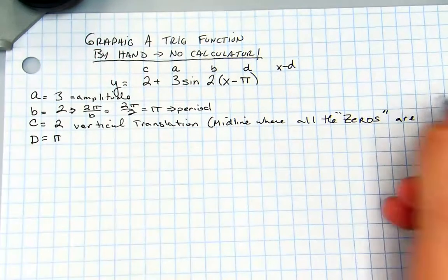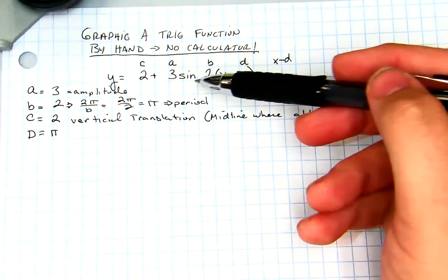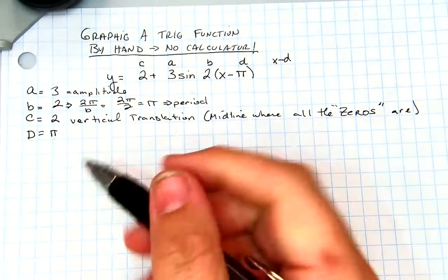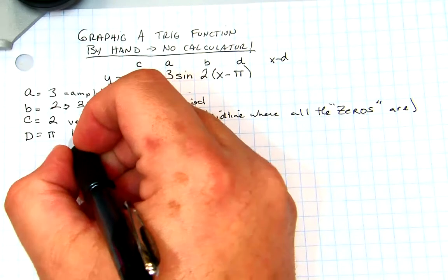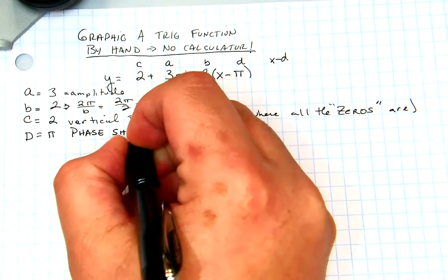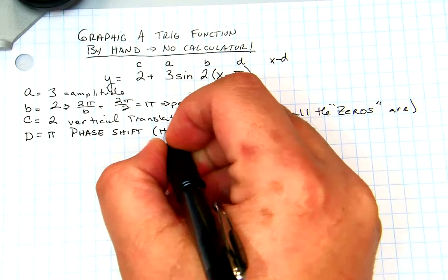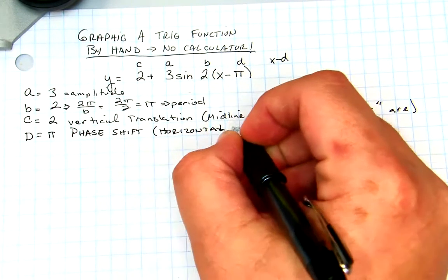And by zeros, I mean, think back to algebra. Zeros are where the graph intersects the x-axis, and pi for D, that's going to be what we call phase shift, which is just a horizontal translation.